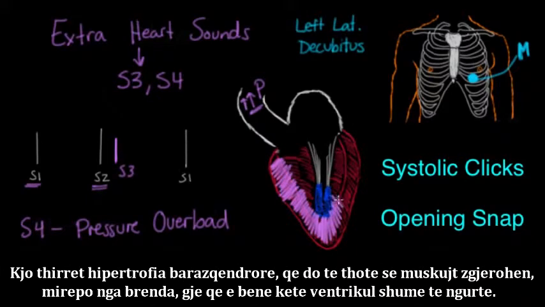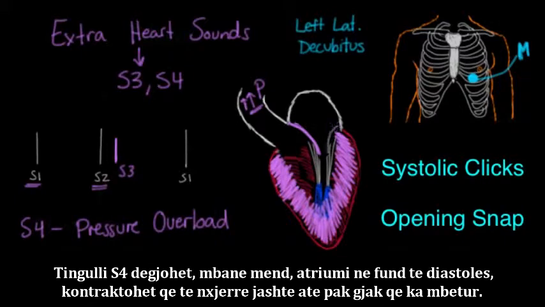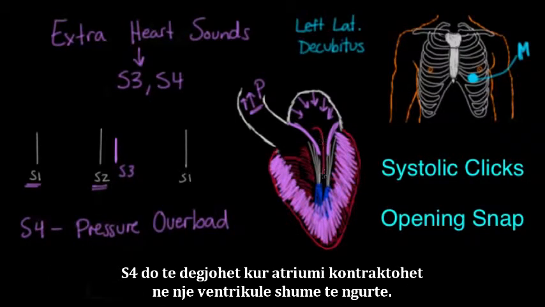This is called concentric hypertrophy, meaning the muscle increases in size but inward, and it makes this ventricle really stiff. The S4 sound is what you hear when the atrium, remember that at the end of diastole the atrium contracts to get that last little bit of blood out, contracts into a very stiff ventricle.